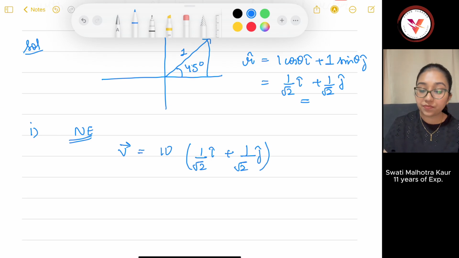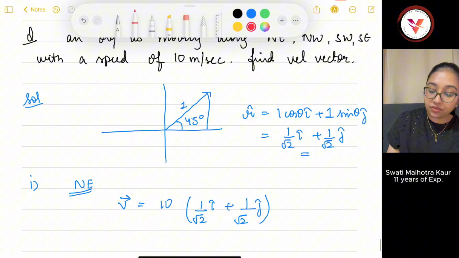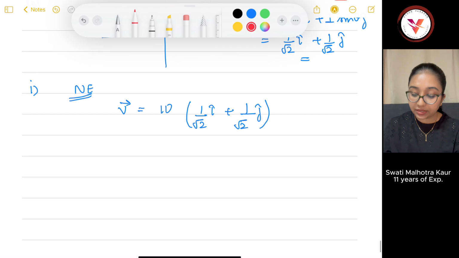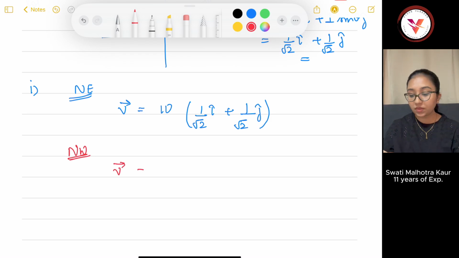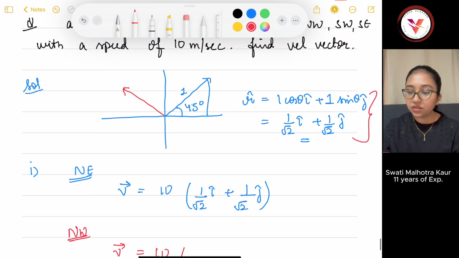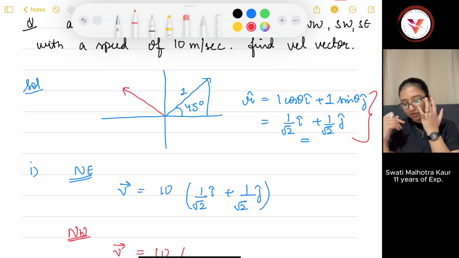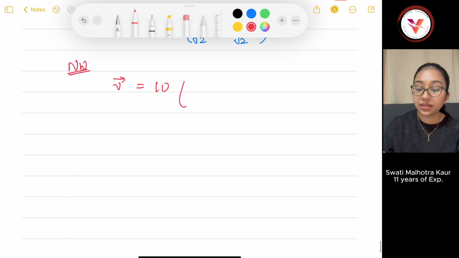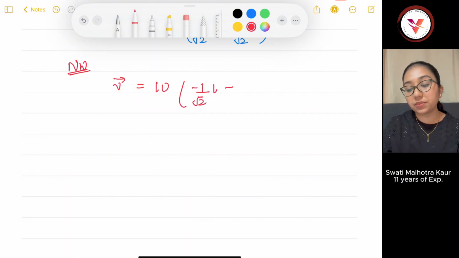Now, if it is moving in the northwest direction, you can simply write it quickly without going to the actual method. If it is 45 degree, then x is negative and y is positive. You can simply write minus 1 by root 2 i cap plus 1 by root 2 j cap.